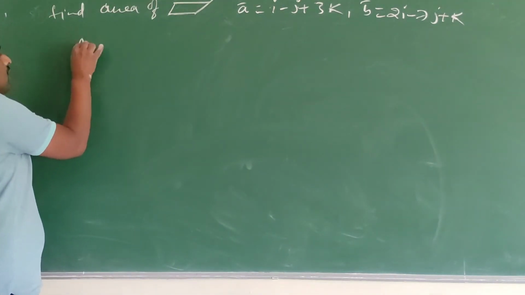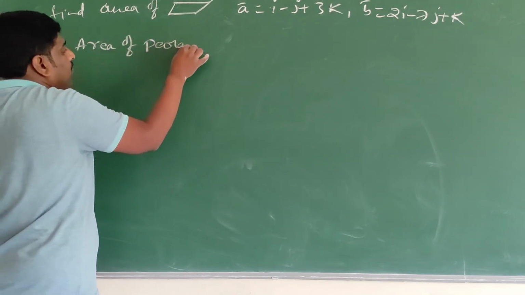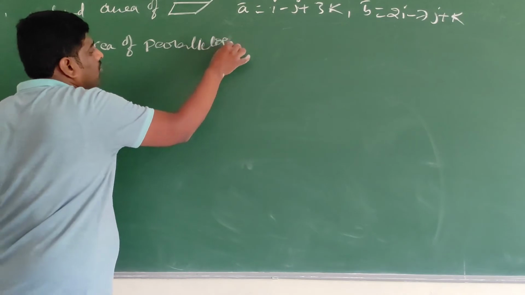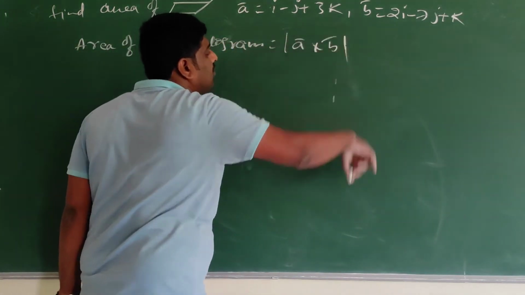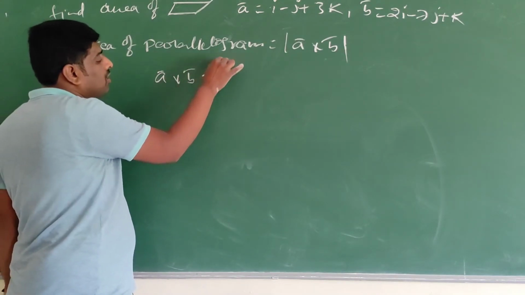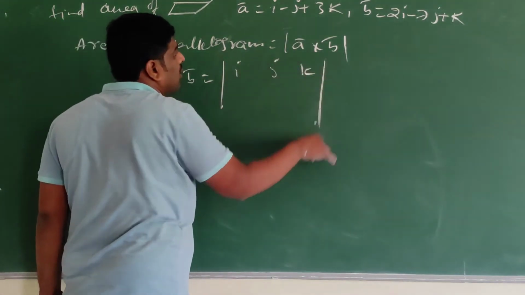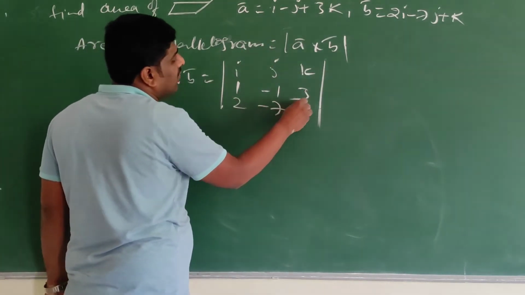The area of a parallelogram is the magnitude of A bar cross B bar. That is A bar cross B bar is I, j, k, 1, minus 1, 3, 2, minus 7, 1.